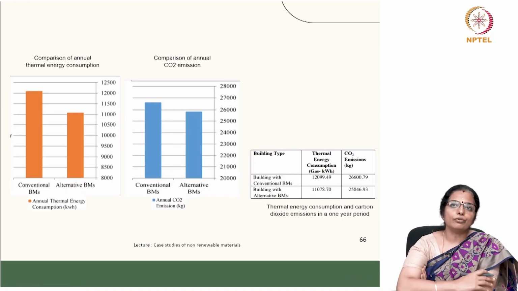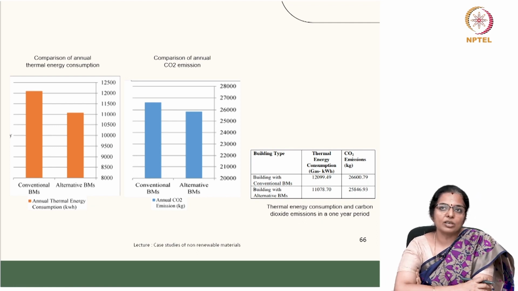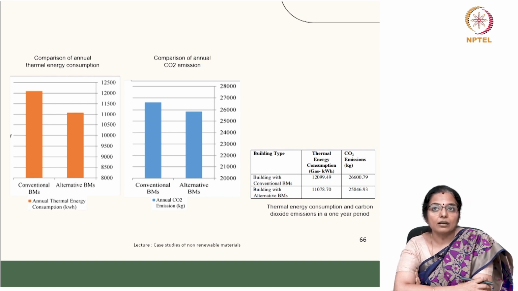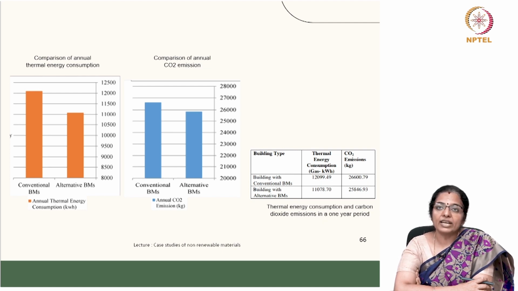The amount of annual global carbon dioxide emission in the building constructed with conventional material is 26,600 kg, while by using alternate material the value would have decreased by at least 3%. It should be noted that carbon dioxide emissions in hot months increase due to growth in electricity power use.